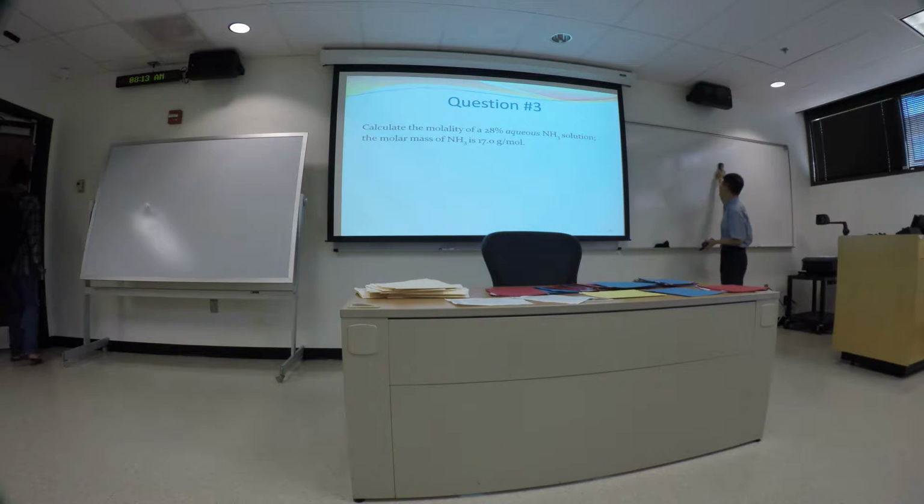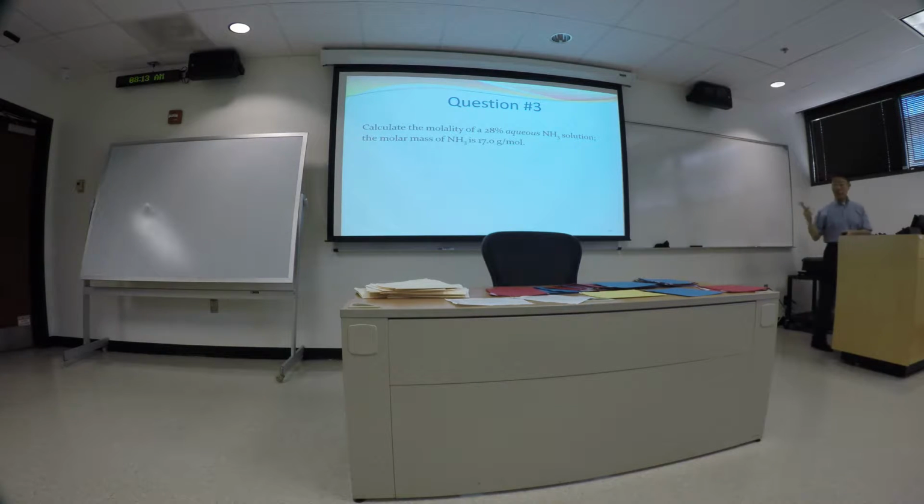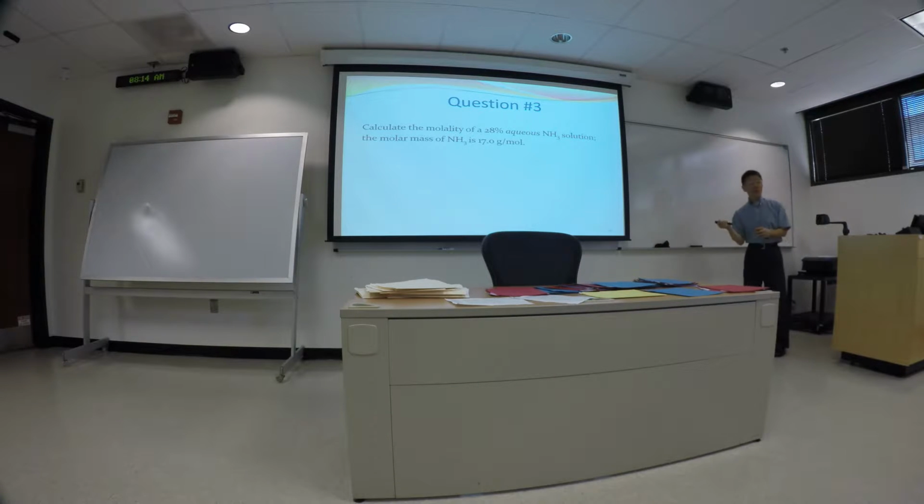Yesterday when we were talking about chapter 12, in the first learning objective, when you see the word aqueous, that means the solvent is water. So you have a 28% aqueous ammonia solution. What does that 28% mean? The question should say 28% by mass or by volume, but we would assume 28% by mass.